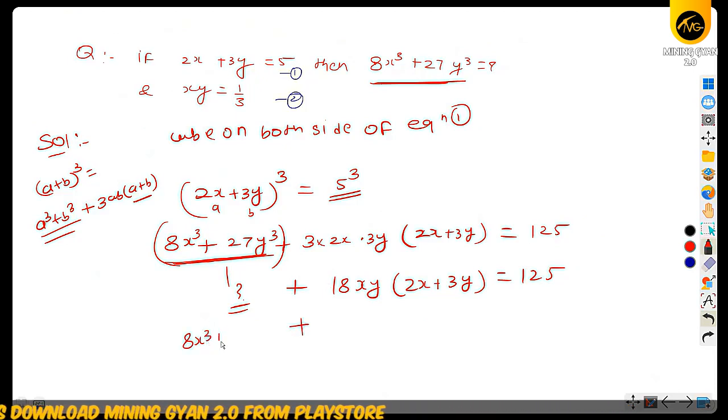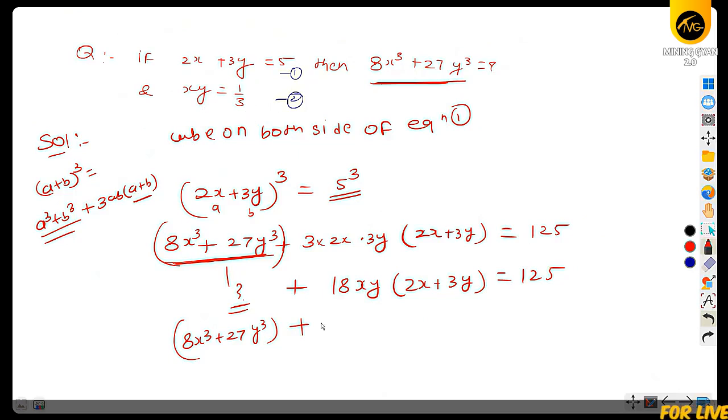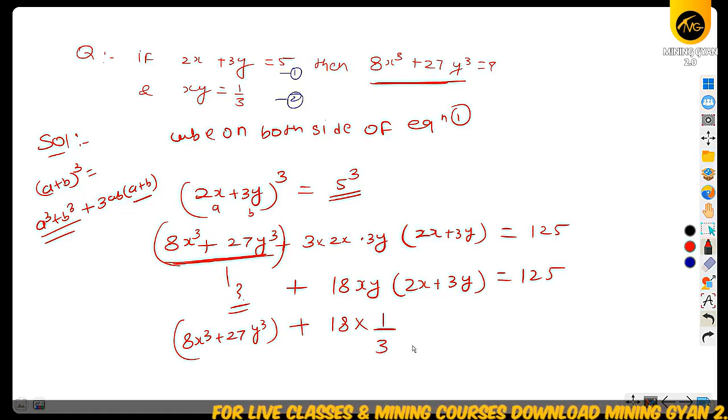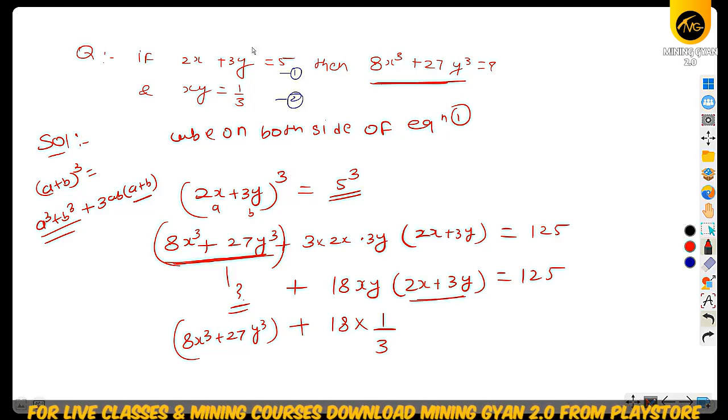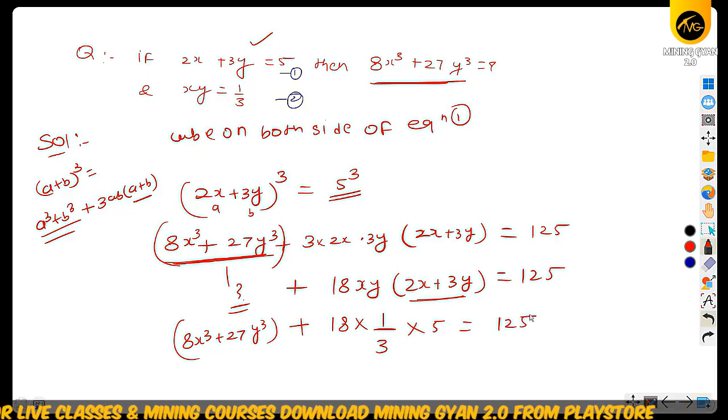So 8x cube plus 27y cube plus 18xy into 2x plus 3y. What is the value of xy from equation number 2? It is 1 divided by 3. That means we can replace xy with 1 divided by 3, that means 18 into 1 divided by 3. Now what is the value of 2x plus 3y? From equation number 1, we can easily replace 2x plus 3y by 5. So again multiply 5, is equal to 125.